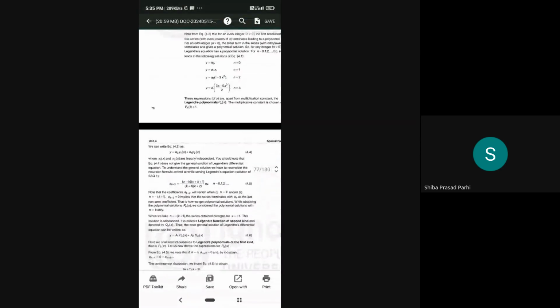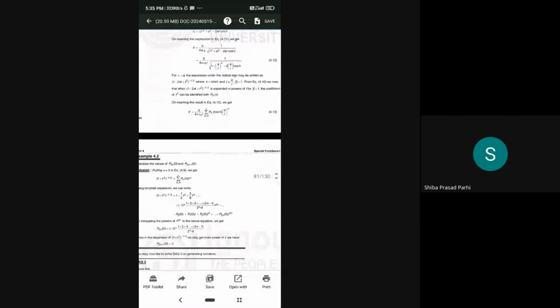Equating the coefficients of t to the power n for n is equal to 0, 1, 2, 3, as we have derived from the initial equation the values of n, we find a few Legendre polynomials: P0(x) is equal to 1, P1(x) is equal to x, P2(x) is equal to half (3x square minus 1), P3(x) is equal to half (5x cube minus 3x), and so on. So this is the generating function for Legendre polynomials.